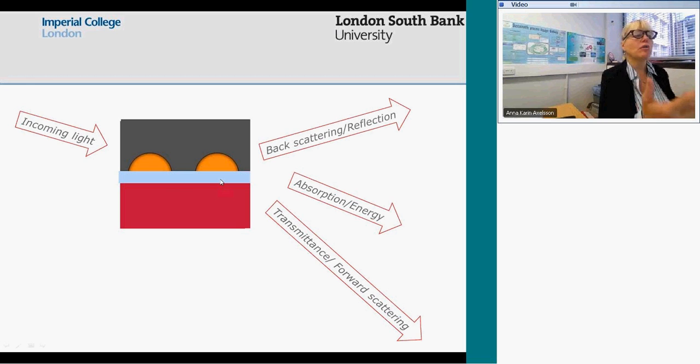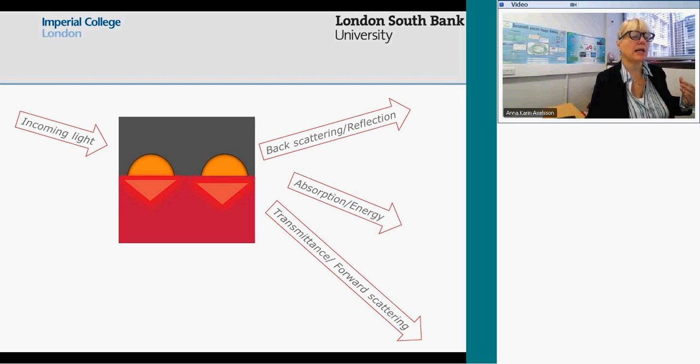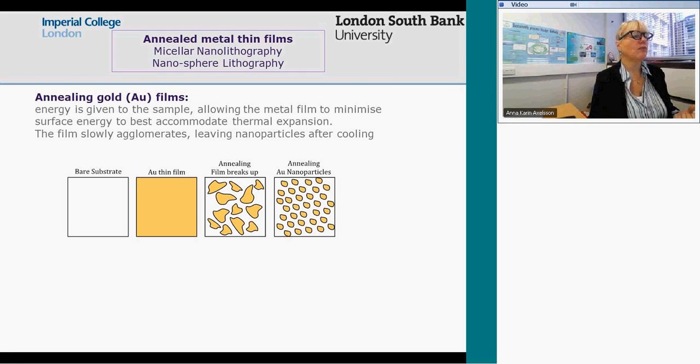We're still going to look at the ratio between backscattering and forward scattering, and look a lot into the near field, which may result from the absorption of light.